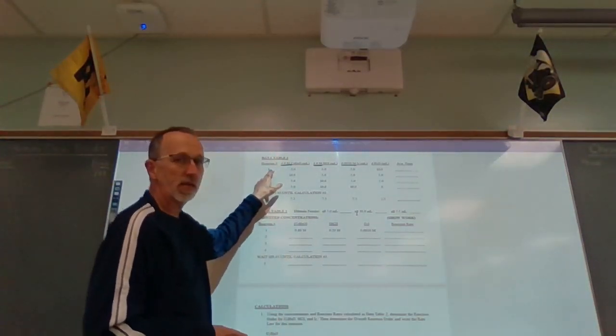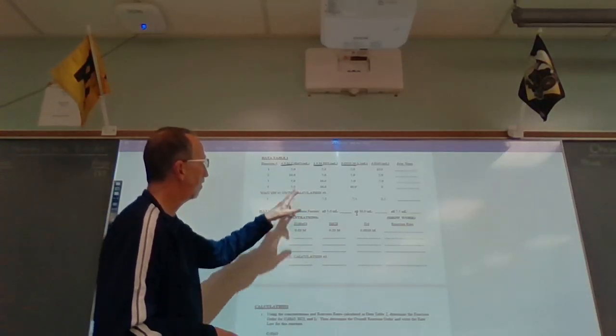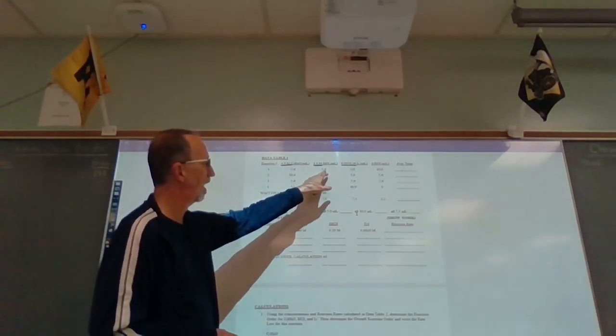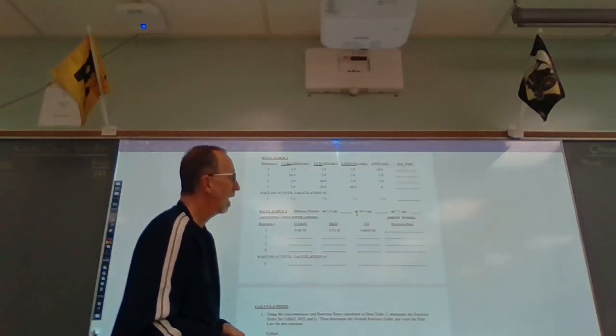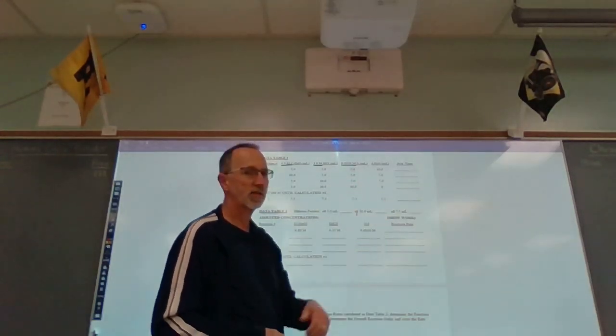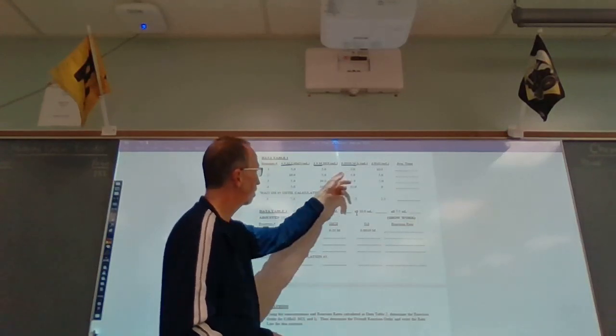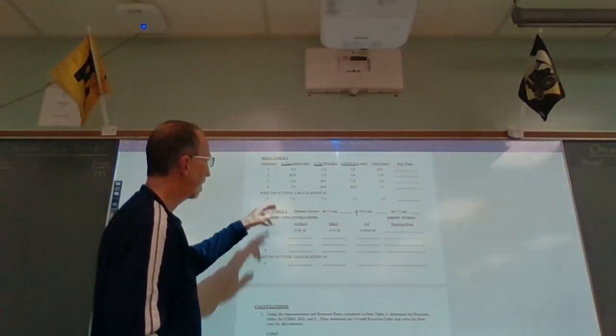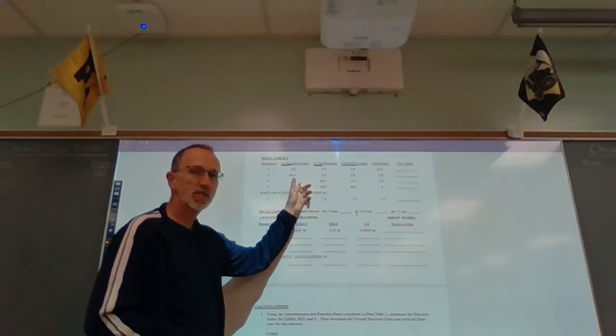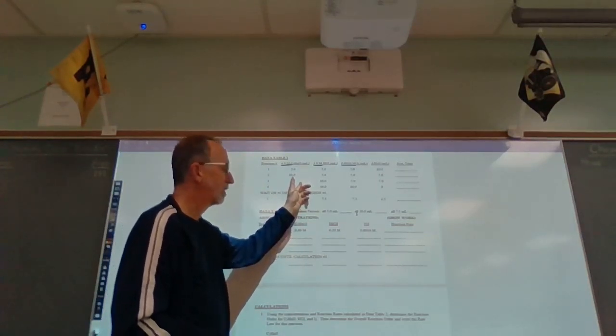As you can see in experiment 1, we're going to take 5 mLs of acetone, 5 mLs of HCl, and 5 mLs of iodine. And to those 3, we're going to also add 10 mLs of water. If you add those up, we get 25 mLs total. In the second experiment, we are going to change the amount of acetone that we use.